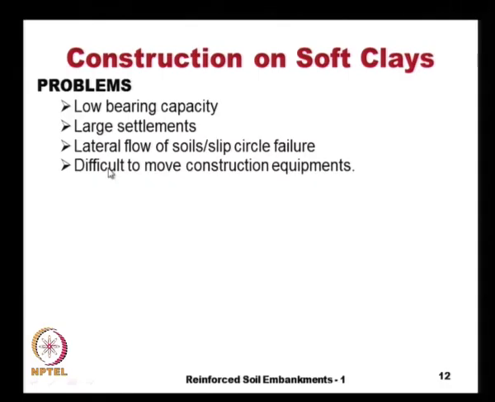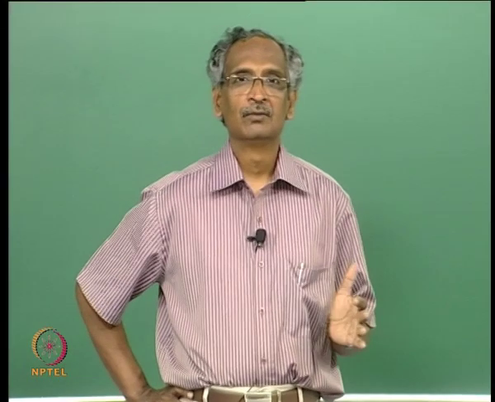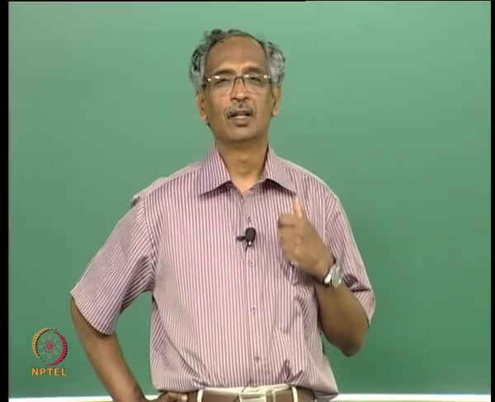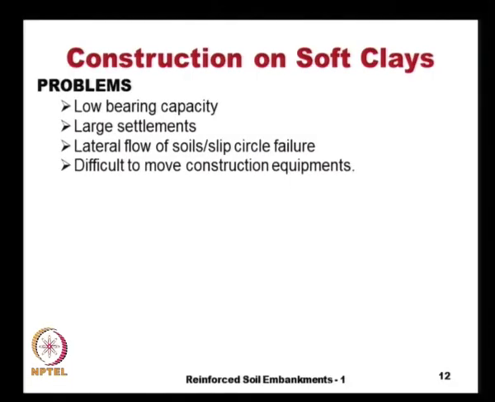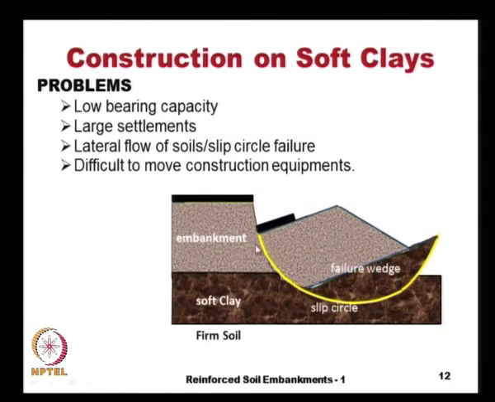And in some cases the soil at the site may be so soft that we cannot even bring in our construction equipment, and the result of large lateral movements could be a slope failure like this. Originally the embankment was like this, and because of the lateral movement and because of the formation of the internal slip surface, the slope could collapse something like this.